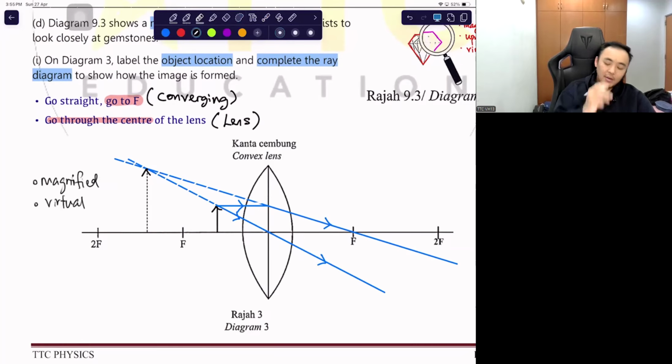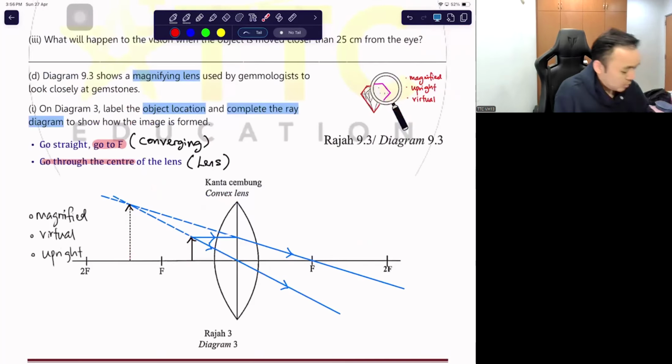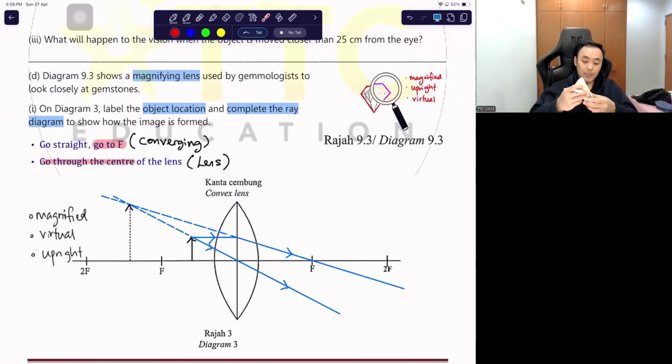If you see solid, that's real. Dotted means virtual. And then again, virtual is always packaged with upright. Does it make sense or not? You see, this one pointing up, this one also pointing up. And that matches with what we said here. Okay. Any questions? Guys, all good?